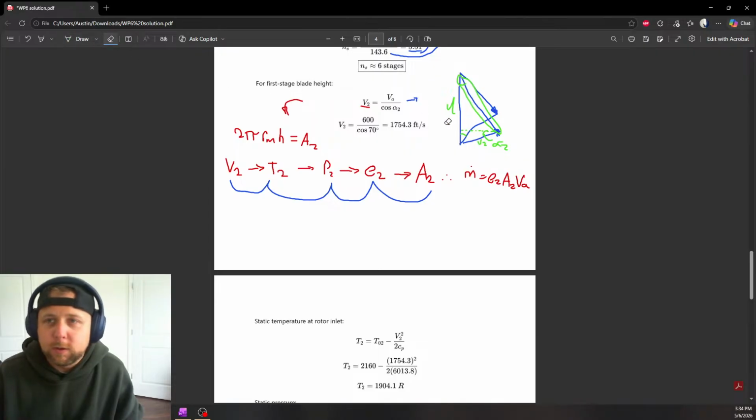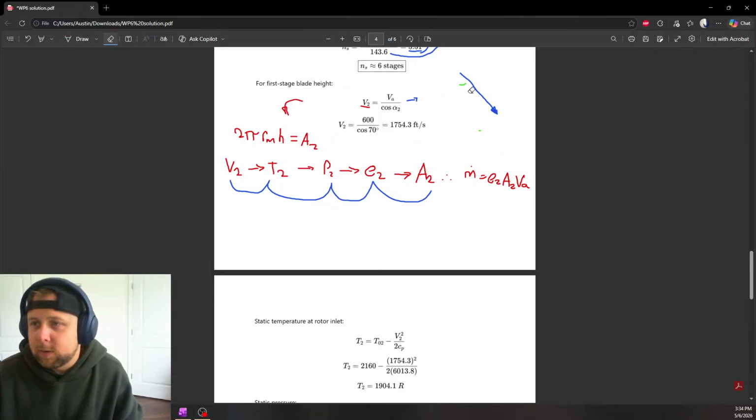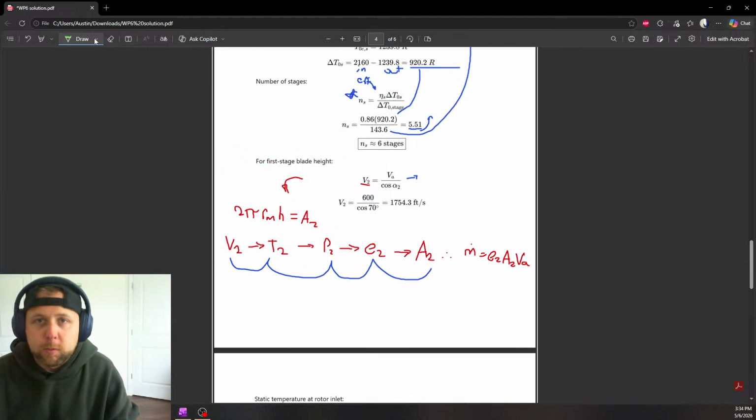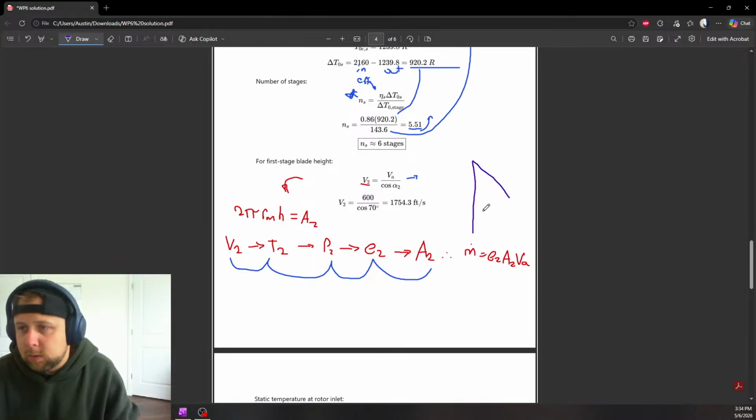Okay, so erase all this. I'm going to redraw that because I want to know. So like this one. That's one triangle, this triangle.